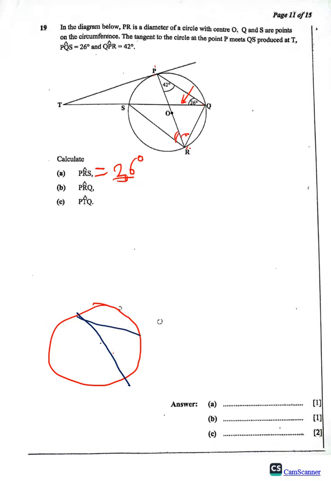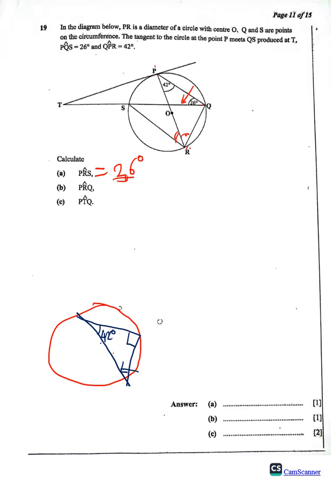So we are going to have a semicircle. The angle in a semicircle is always equal to 90 degrees. So since we have been given this angle, which is 42 degrees, for us to find this angle here, we just have to subtract 42 from 90.